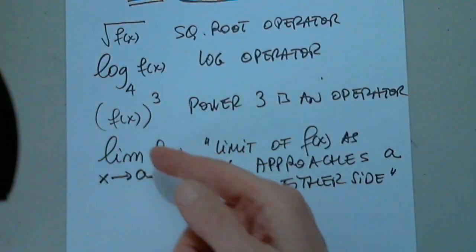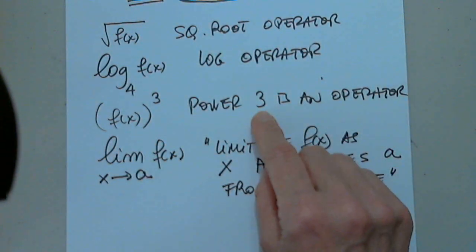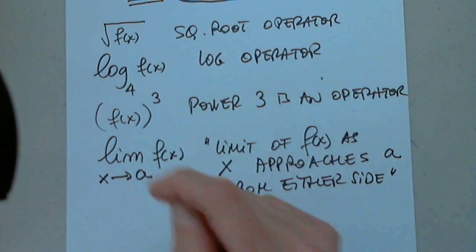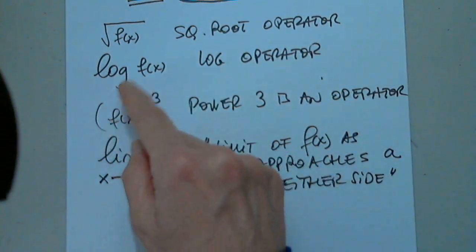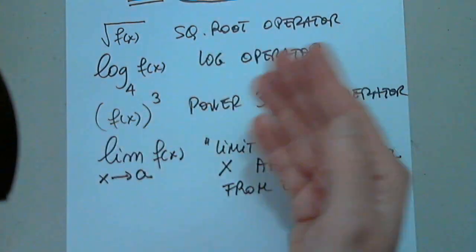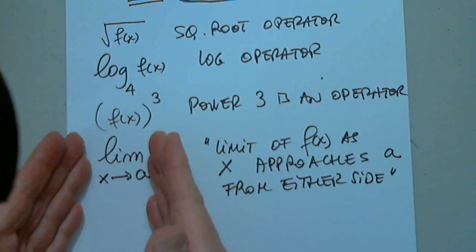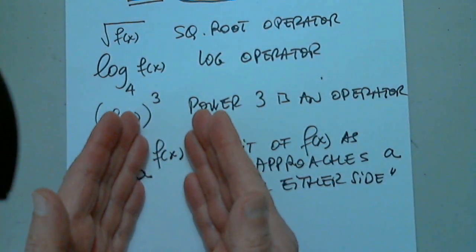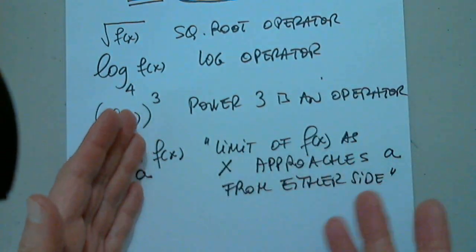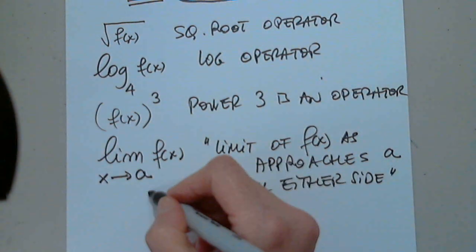So what does this do? Power 3 raises this function to the third power. Log applied to this determines the power we raise 4 to get that, and so on and so forth. What does this do to this function? Okay, it's fancy, limit of the blah blah, but what does it mean?